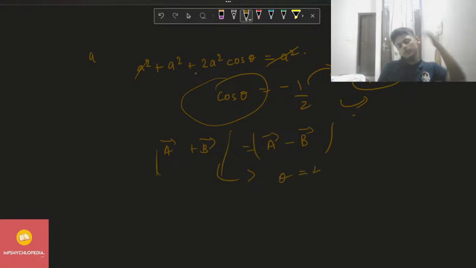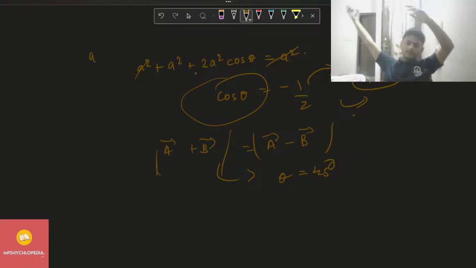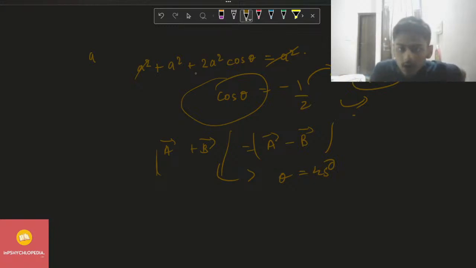Theta will come out as 45 degrees because a square plus b square will cancel out, and 2ab cos theta will become 4ab cos theta when you shift it from RHS to LHS. Then cos theta will come out to be 0. No, it will not be 45 degrees, it will be 90 degrees.